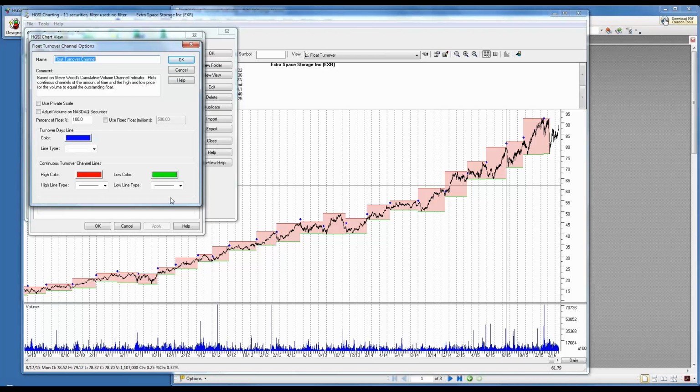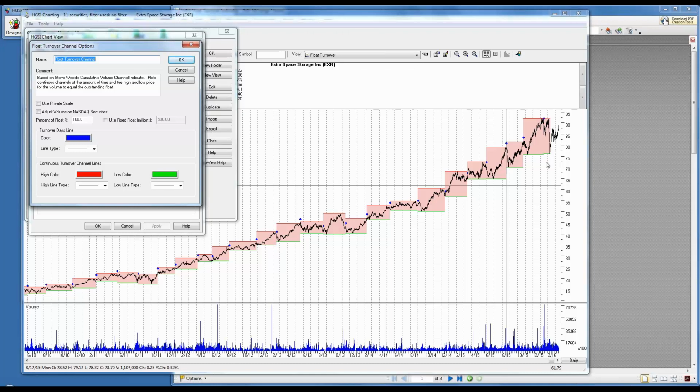The 2 continuous channel lines are the same high and low lines that the individual float turnover used, but instead of being computed once for every float turnover period, these lines are computed continuously.